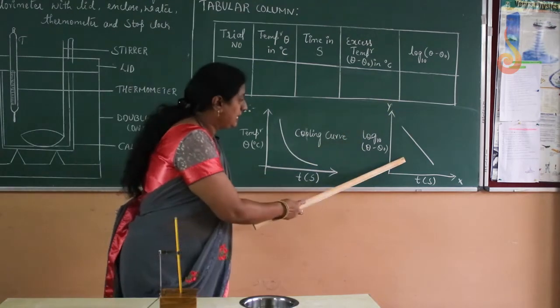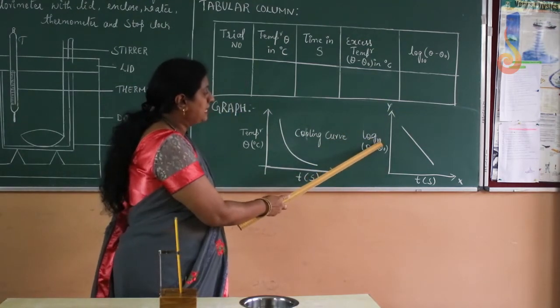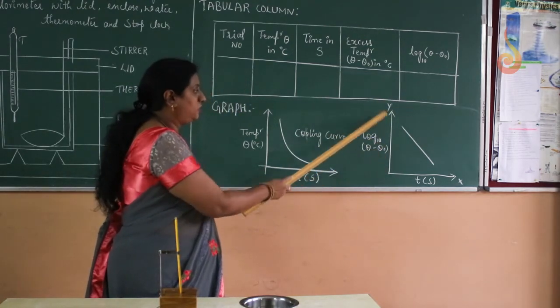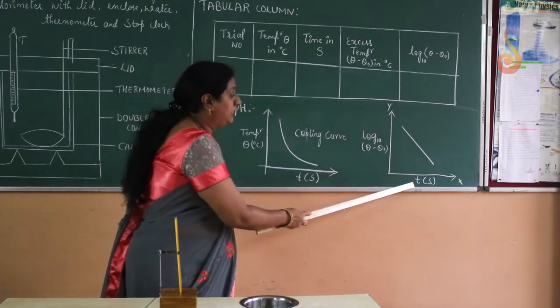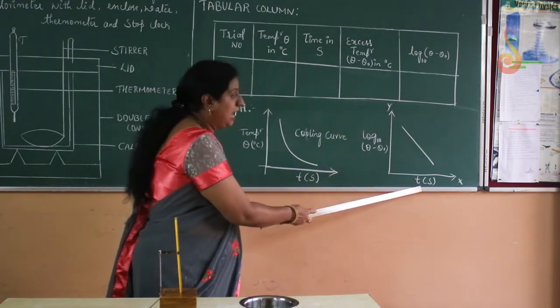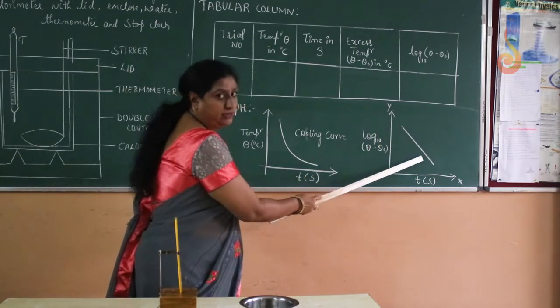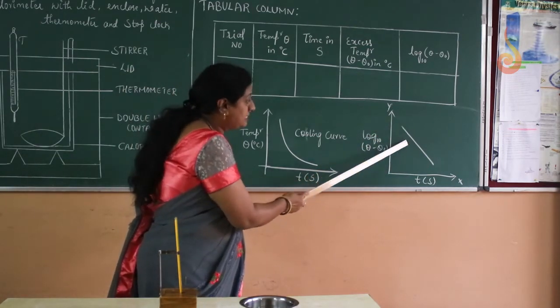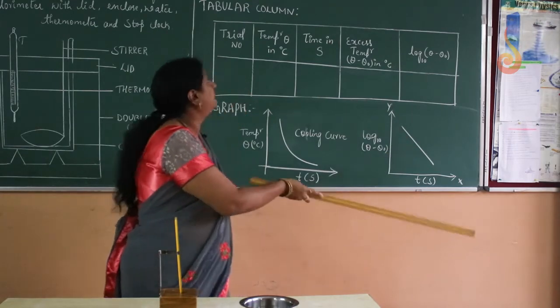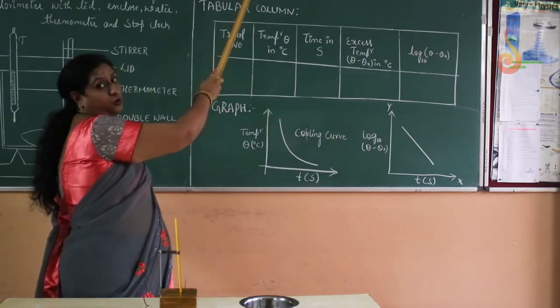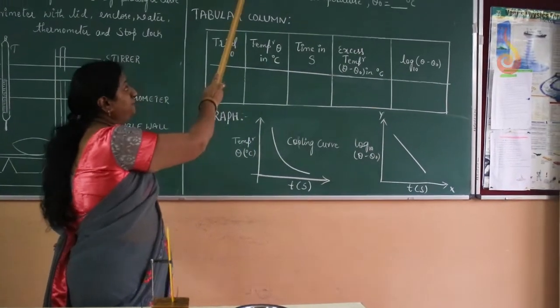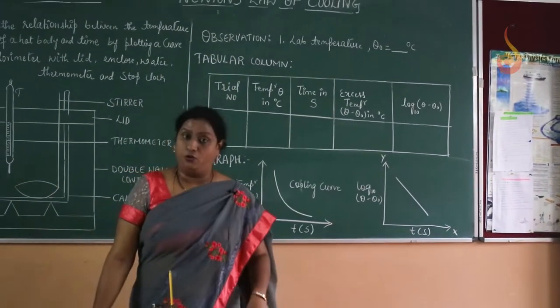In the next graph we have log to the base 10 of theta minus theta naught along the y-axis and time along the x-axis, and as you can see here we have a straight line. This straight line verifies Newton's law of cooling.